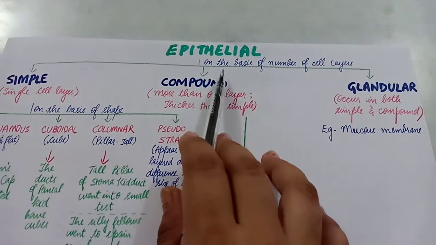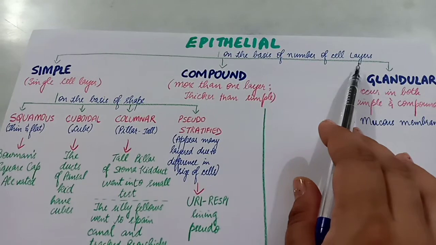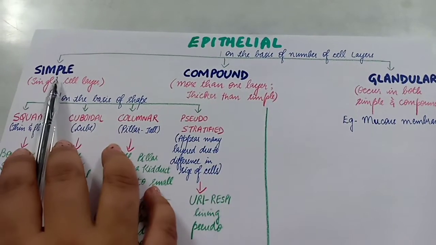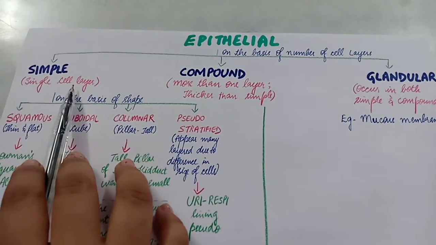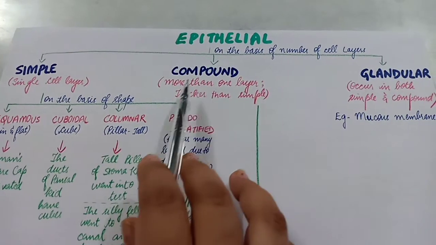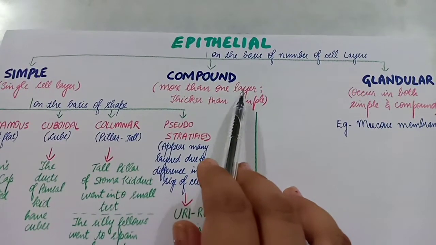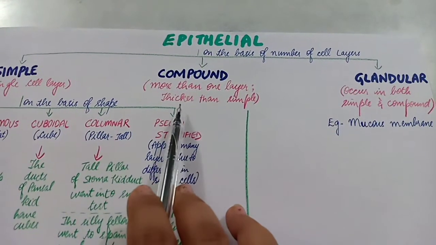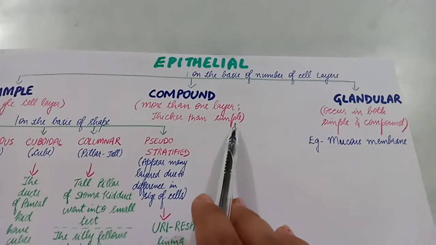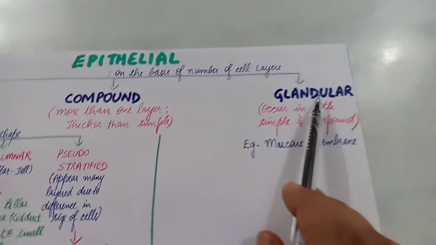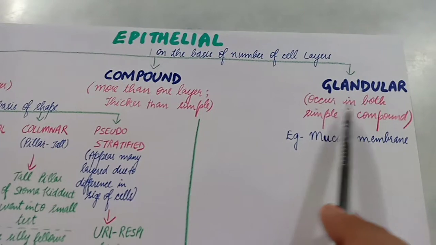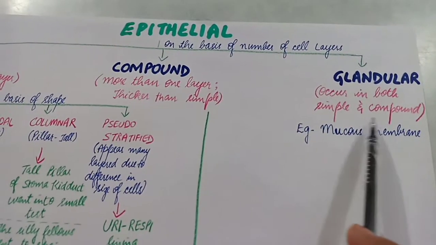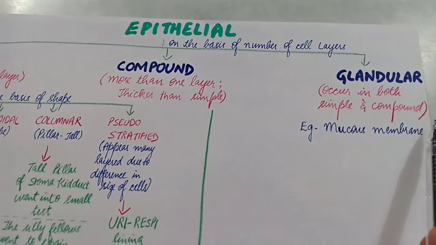Now, as I said, on the basis of number of cell layers, so what do they mean? Simple epithelial tissue means single cell layer, compound means more than one layer, and one more thing, compound is thicker than the simple tissues. And glandular occurs in both simple and compound.